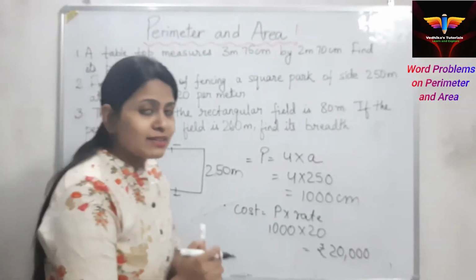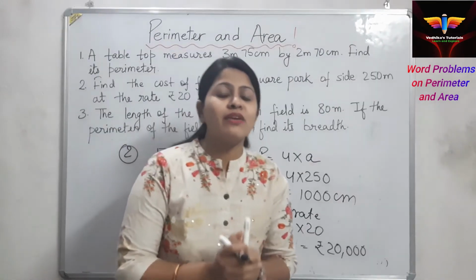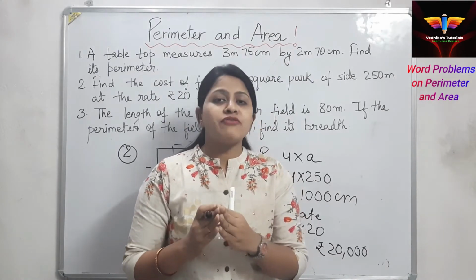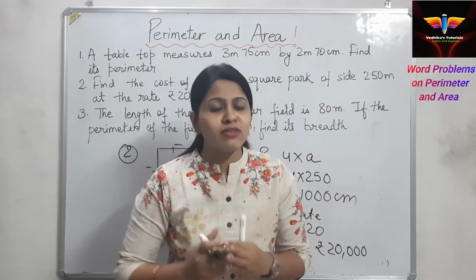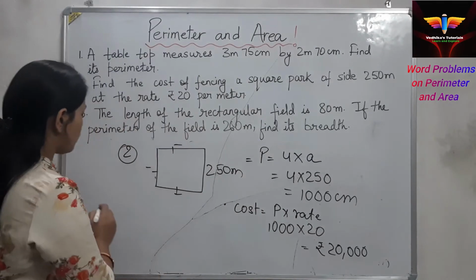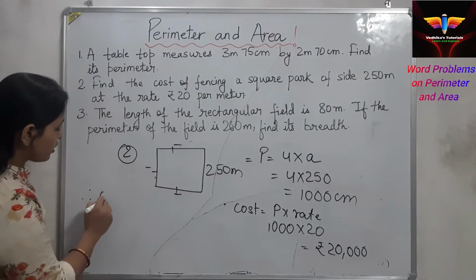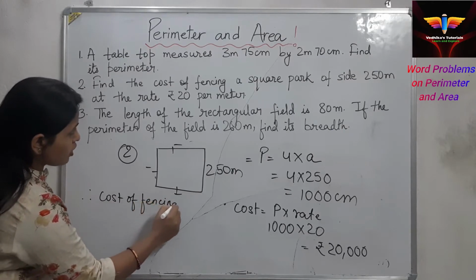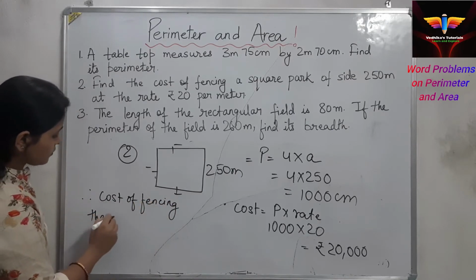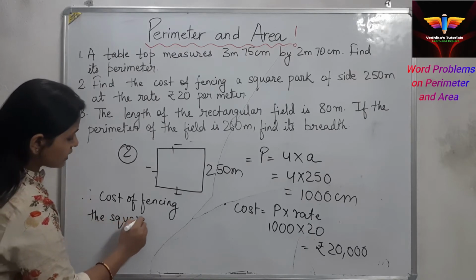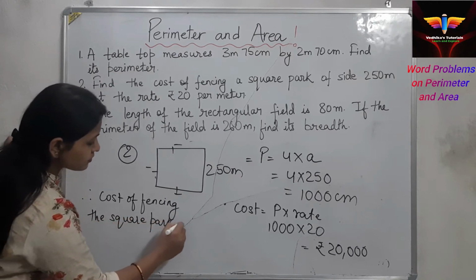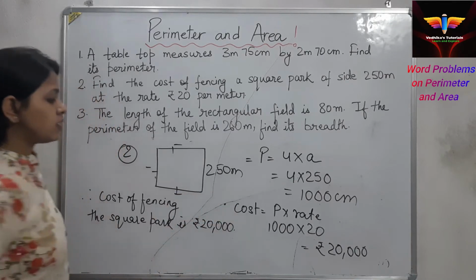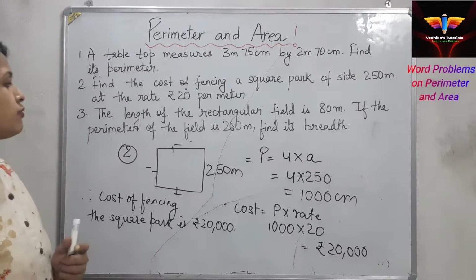Now one very important thing I want to say, that whenever we are solving a question related to a word problem, we have to write the answer also in a full statement. So here we can write, therefore the cost of fencing the square park is rupees 20,000. Okay, we have to write in a full statement.